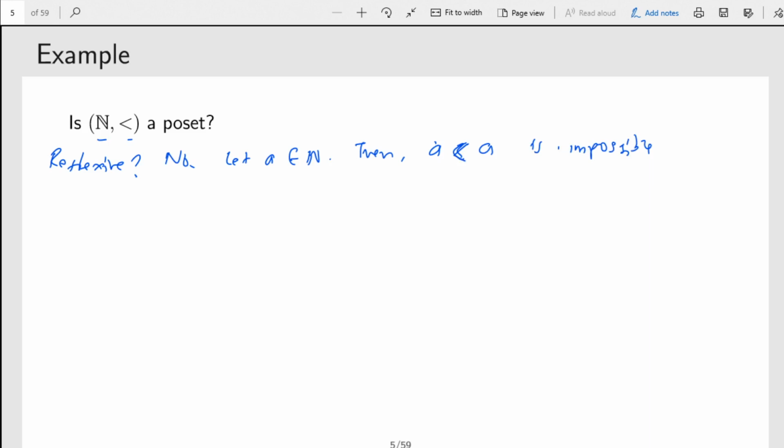So the pair a, a is not in the relation less than for at least one a, and because the set of natural numbers is not empty, the answer is no, and therefore this pair is not a poset.